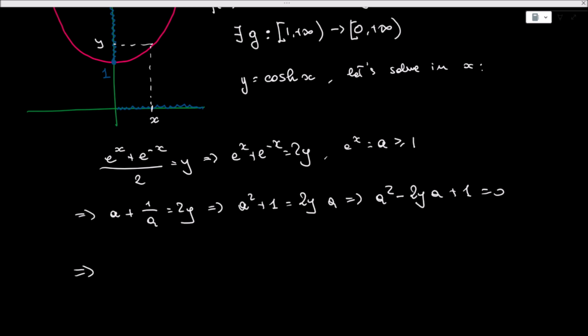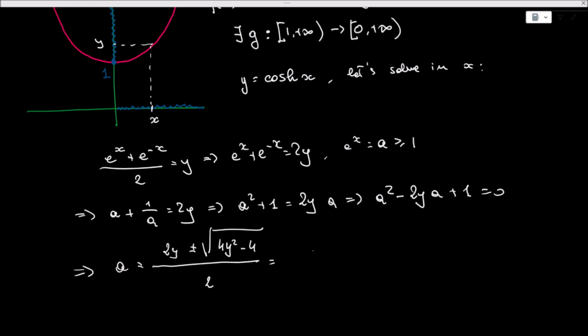And if we solve this, we get a equal to all divided by 2, and we get now 2y, plus or minus square root of 4y squared, and this time we get the minus 4.